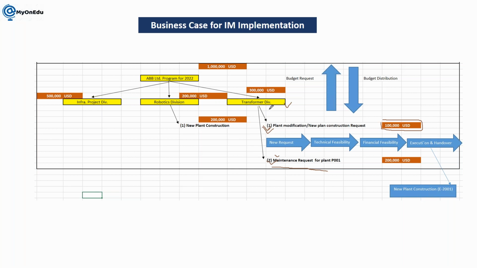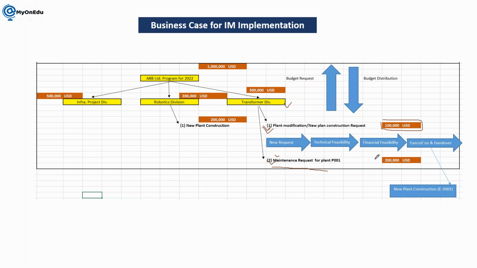They will write everything, that this is why we are going to start this proposal. The first thing is, what is my proposal? The proposal is plant modification or new plant construction as per my new requirement for the coming 5 years. We need to mention the reason why we are submitting this proposal. Then all the authorities and all details will be mentioned there, and then it will be submitted.